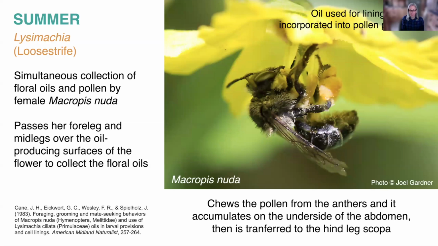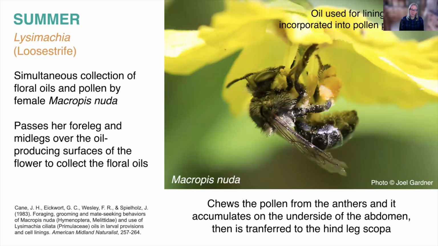And here is a picture of a female. They have a number of adaptations. On their fore and mid legs, they have these really dense, thick hairs that make up an oil brush or comb. And then on their hind leg is where they collect and carry pollen. This picture is not showing it very well, but this female is multitasking. She's hanging on the underside of a loosestrife flower.